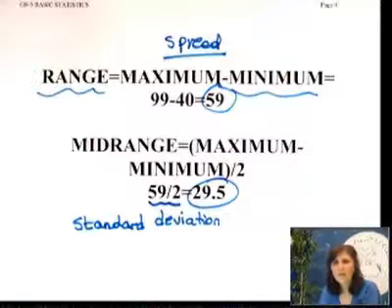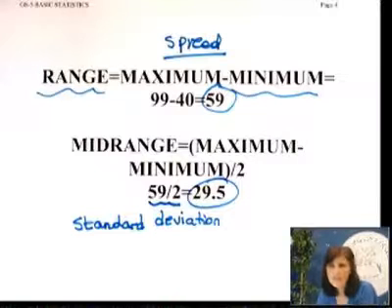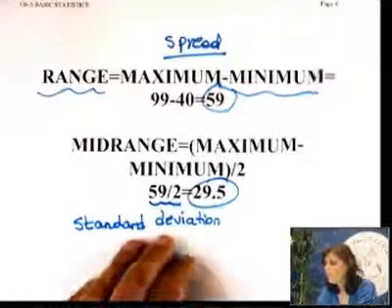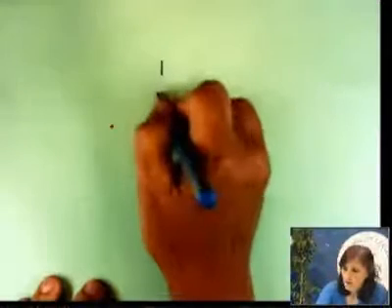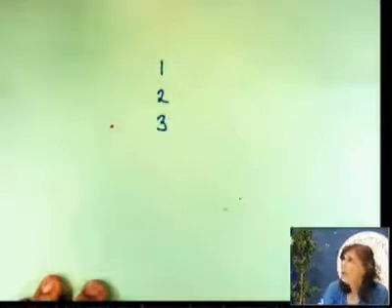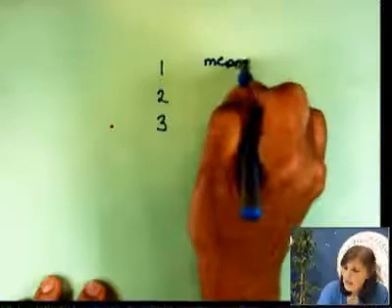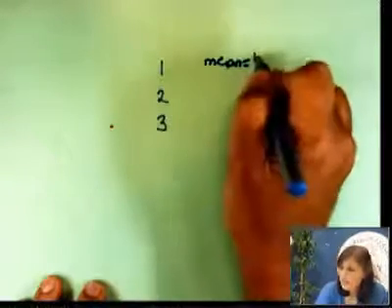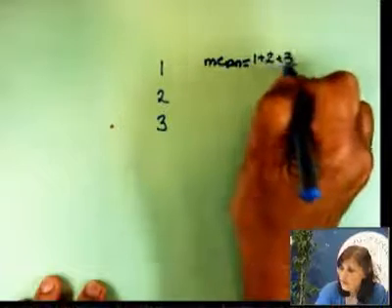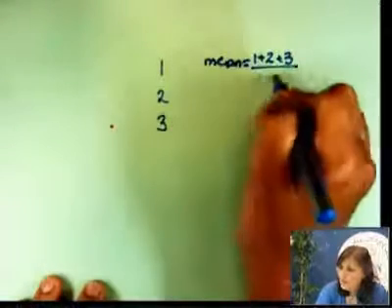There is also something called the median for the center of data. That means the middle of your data. Let's say you have 3 data points: 1, 2, 3. The mean is going to be, add them up and divide: 1 plus 2 plus 3 divided by how many points? 3 points.